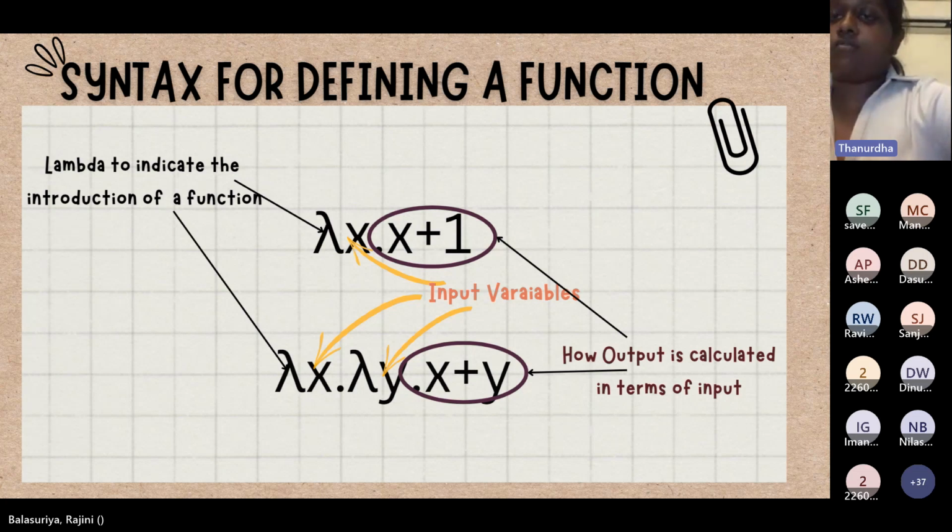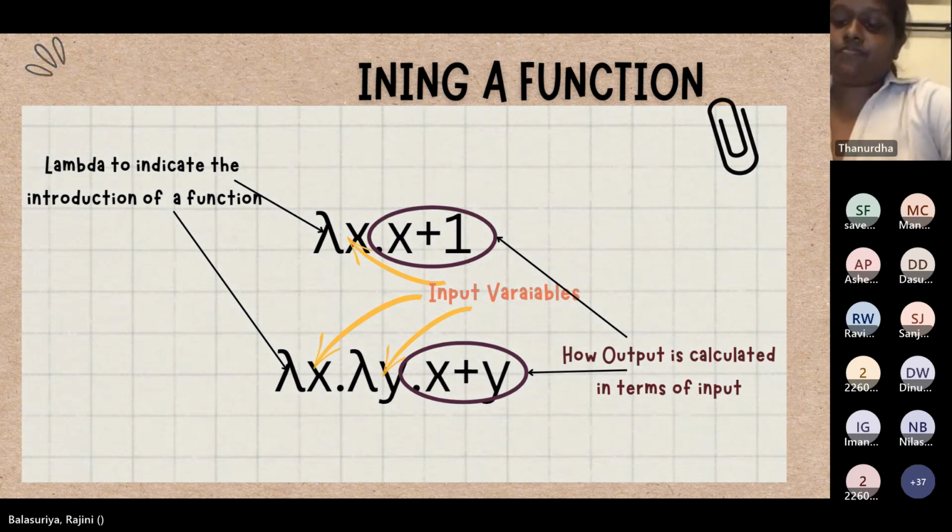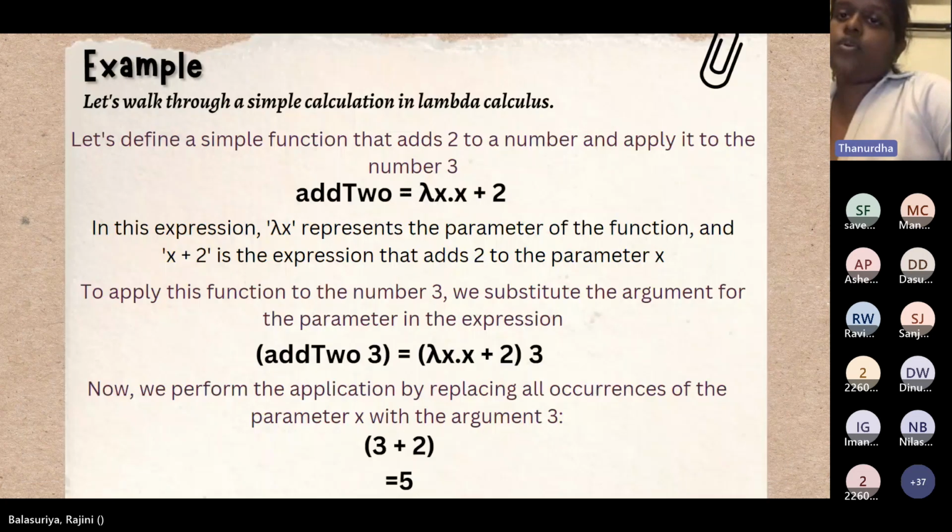So next slide. So we're going to do a small calculation. Bear with us while we do the calculation, and I'm going to share my screen.